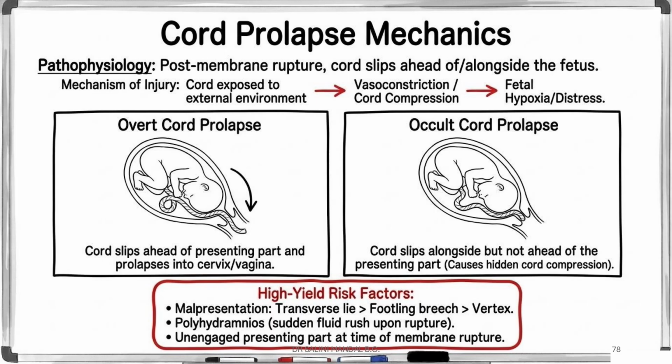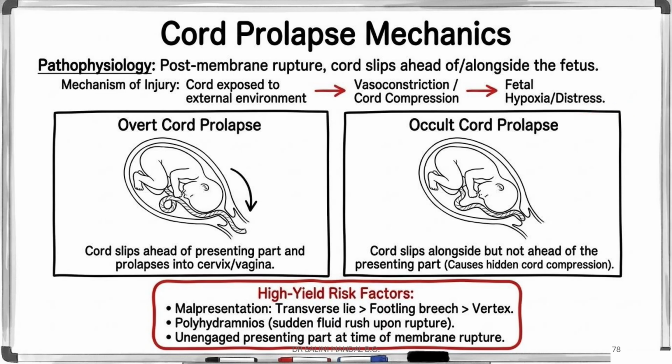Apart from that, let us see cord prolapse. Remember we have overt cord prolapse and occult cord prolapse. After the membrane ruptures, the cord usually slips along the fetus, right? The cord is exposed to the external environment, so there is vasoconstriction or cord compression, thus leading to fetal hypoxia or distress.